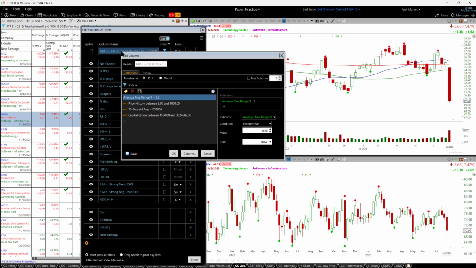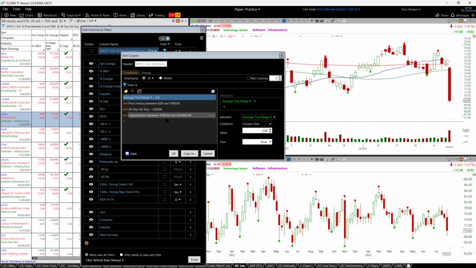So what I created here was a really basic scan: average true range over a certain amount, because I don't want things that aren't moving at all. A price history between $8 and $1,000. 30-day average volume above 250,000. And market cap, I don't want micro caps.